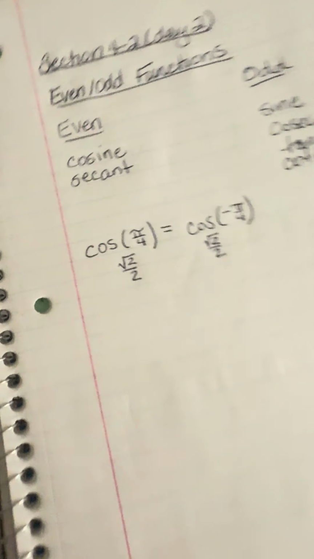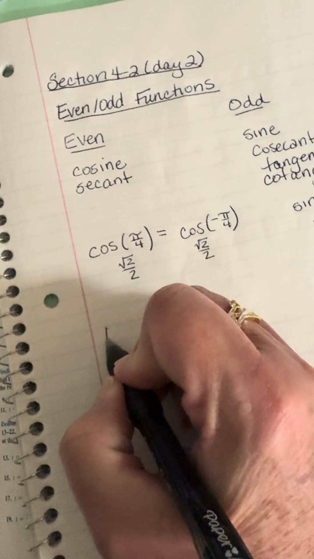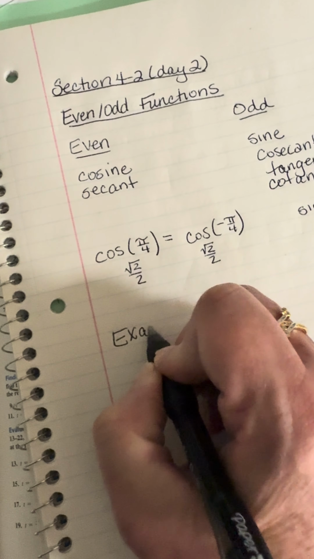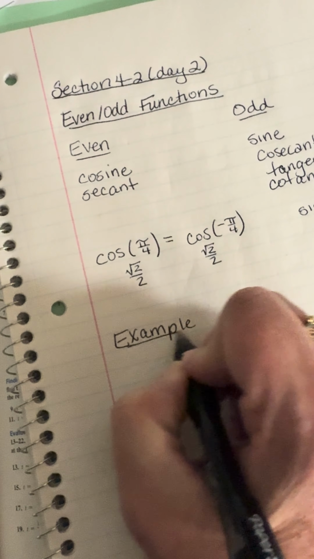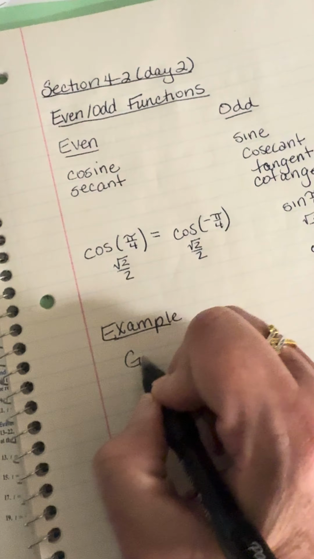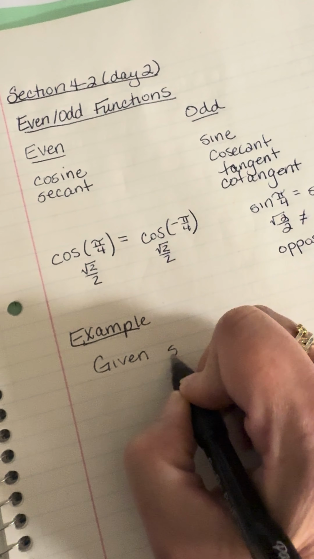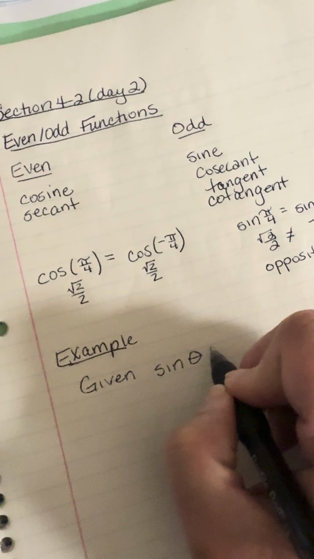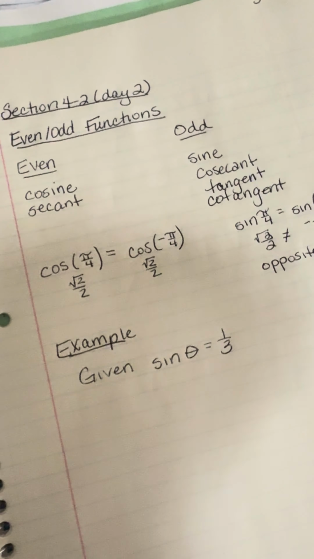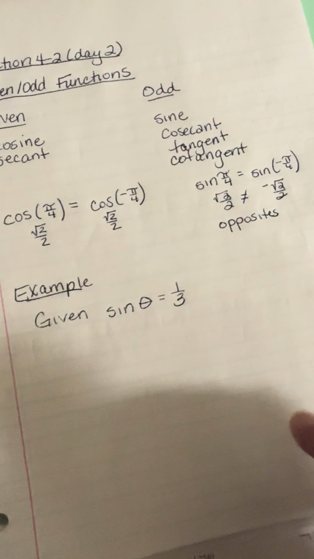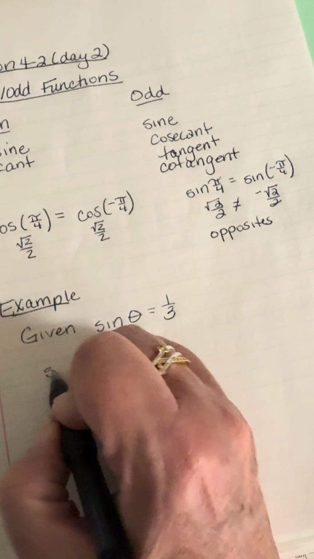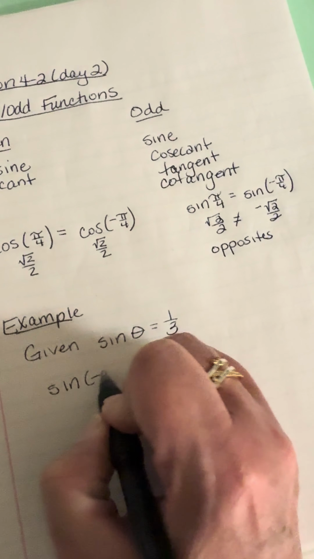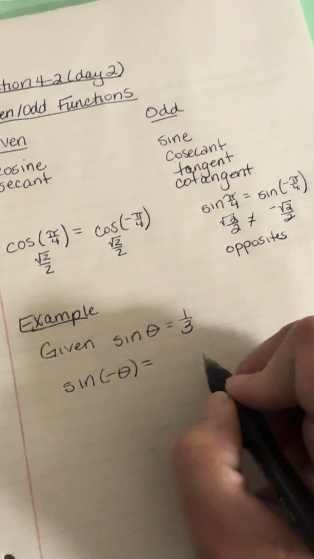So if you're given, for example, the sine of some angle is 1/3. Just make up some number. They might ask, what's the sine of the negative angle?